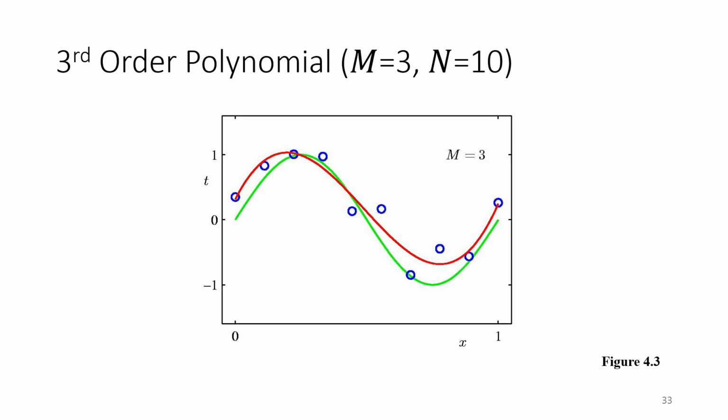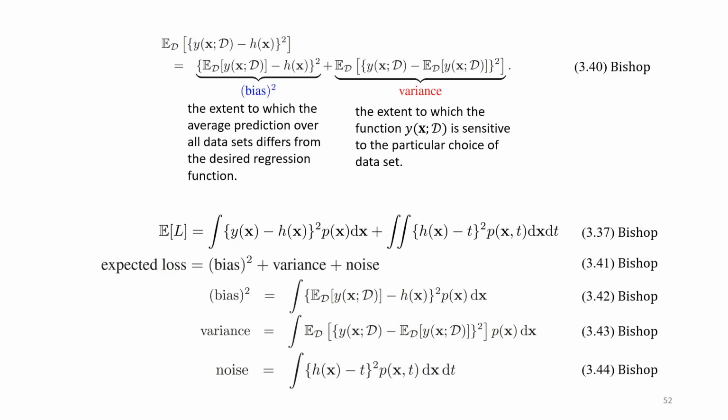And the overall expectation is this term. It means the overall Y expectation minus the h(x). What is h(x)? h(x) is the expectation of the t distribution.